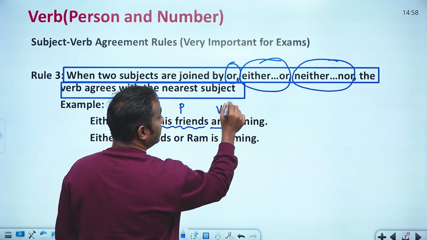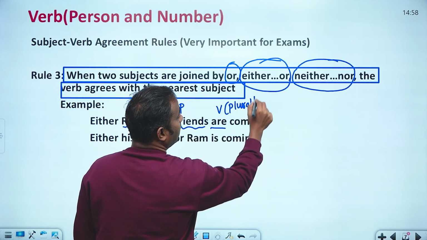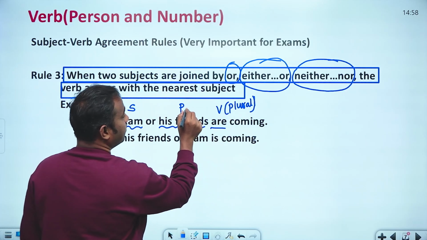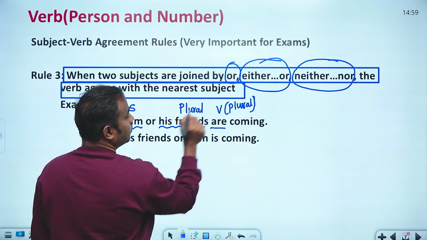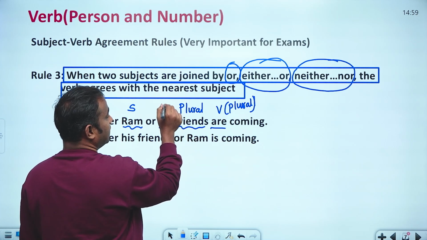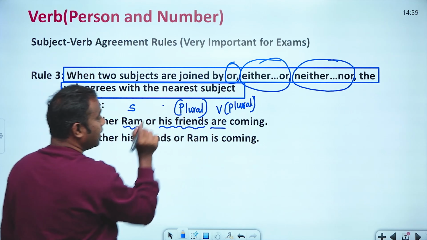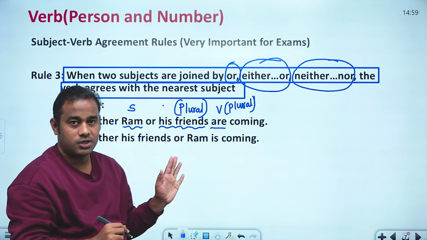The verb should be the plural form verb, because his friends is plural, so the verb also should be plural in quantity.